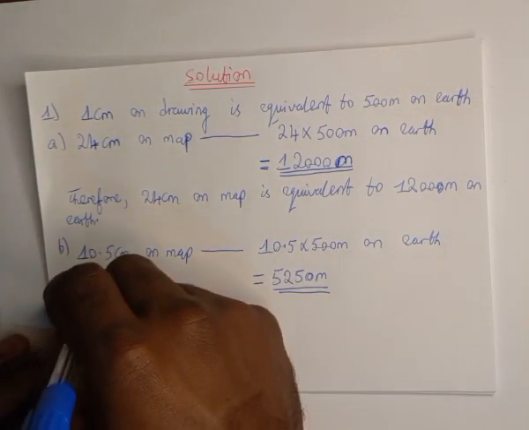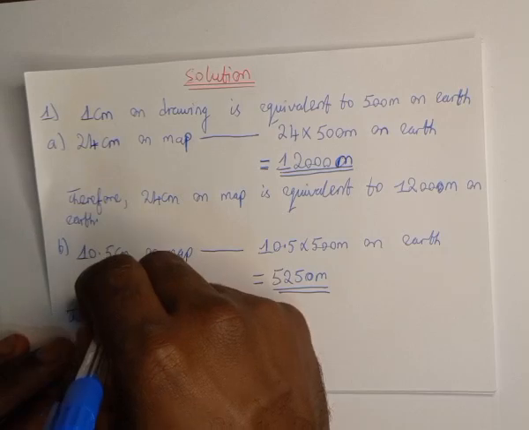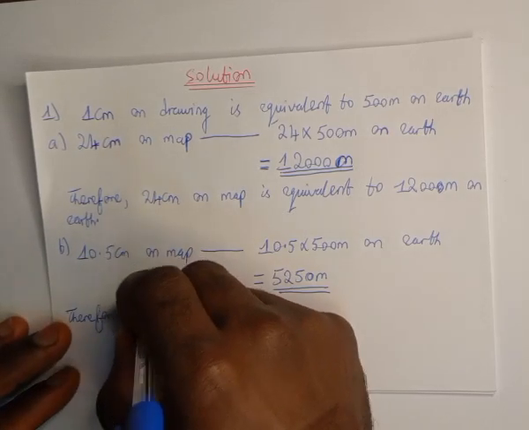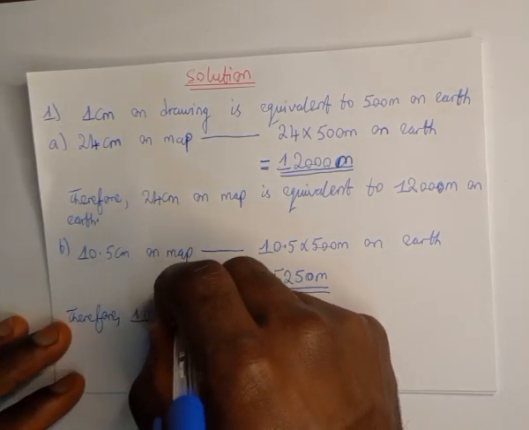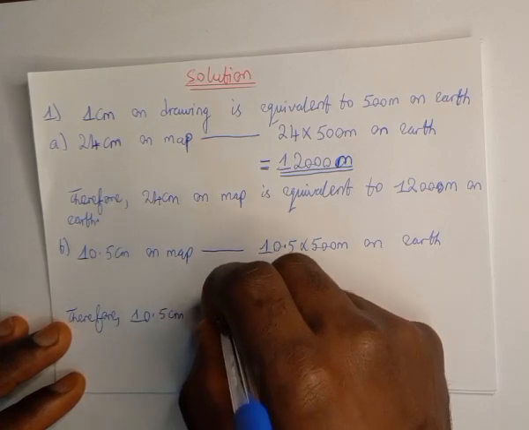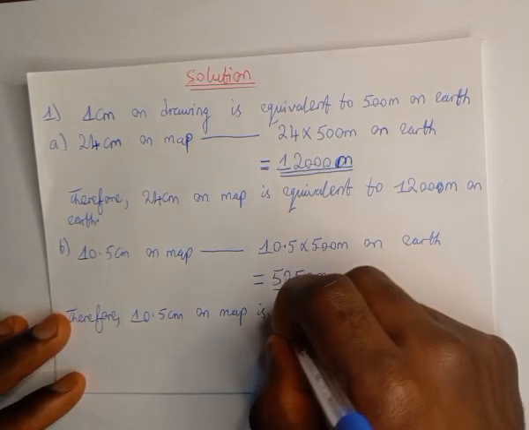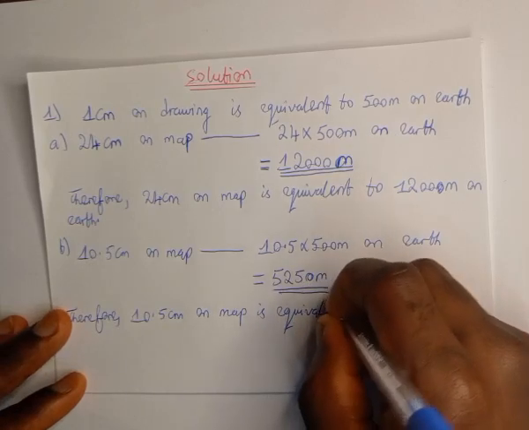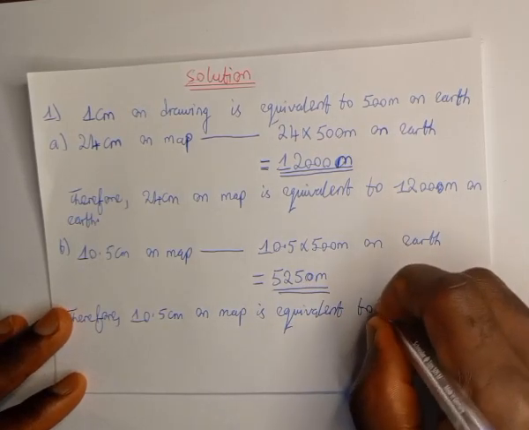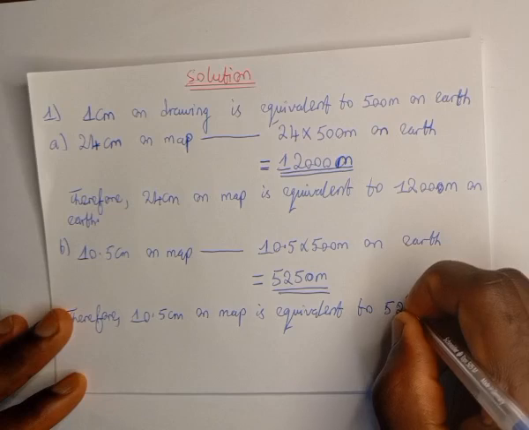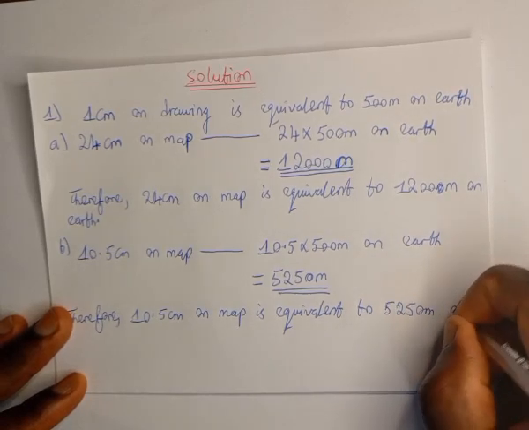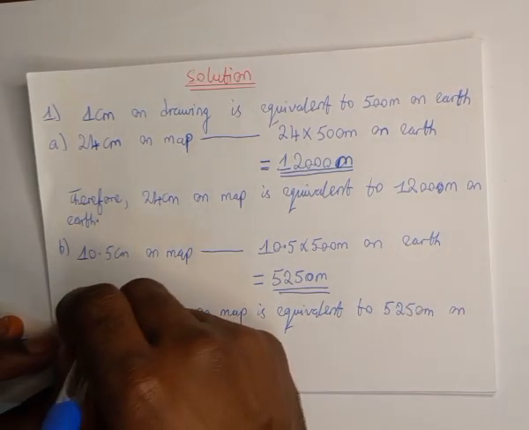Therefore, 10.5 centimeters on map is equivalent to 5,250 meters on Earth.